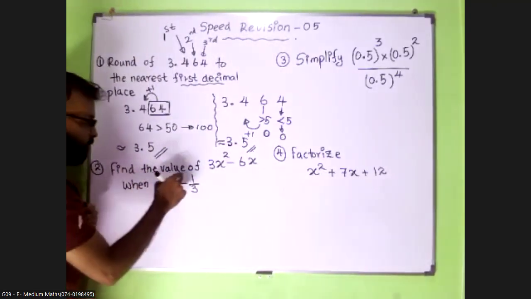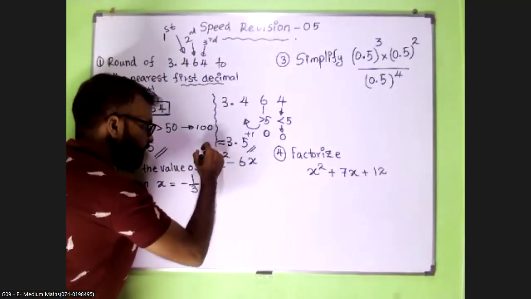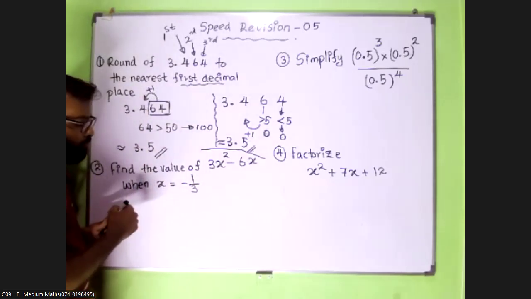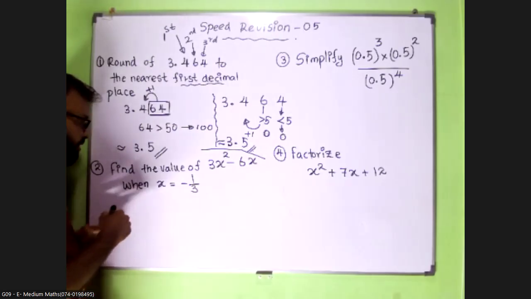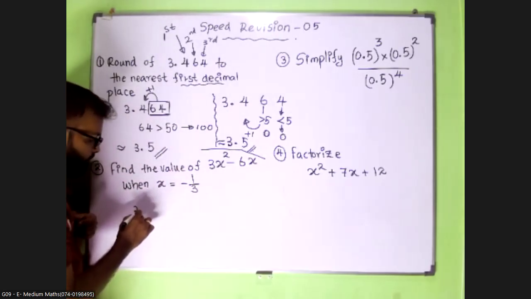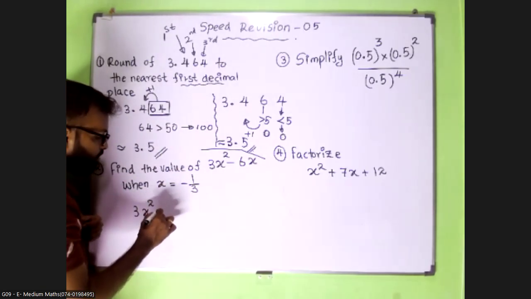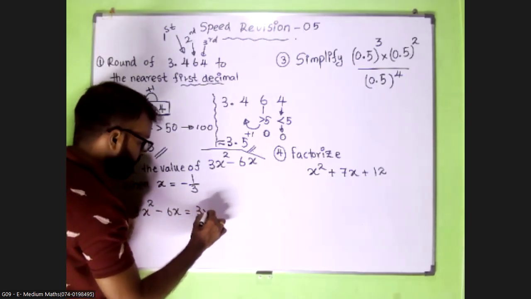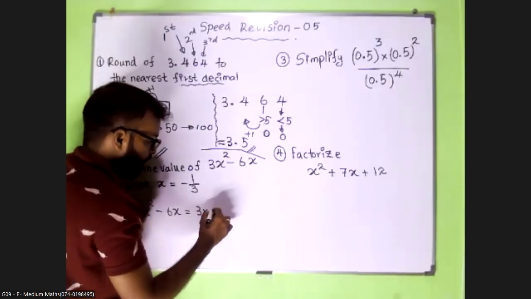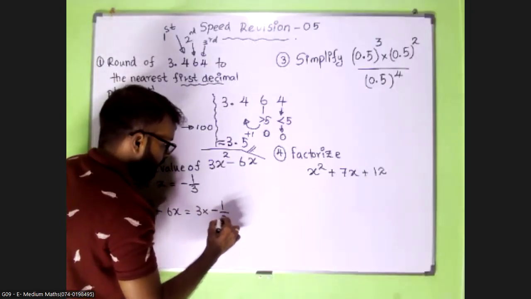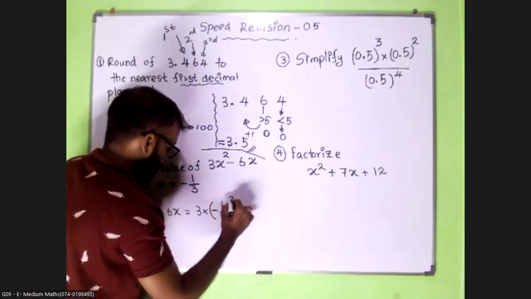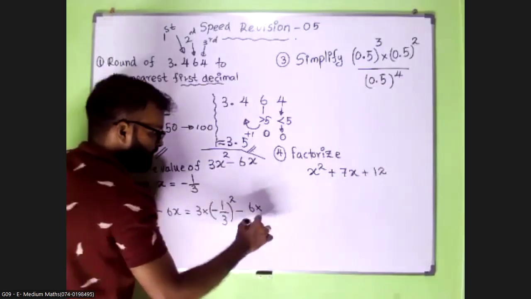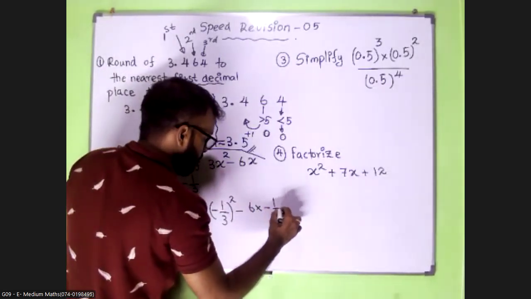So find the value of 3x squared minus 6x when x equals minus 1 upon 3. So I am going to substitute. First of all, I will rewrite 3x squared minus 6x equals 3 times x squared, minus 1 upon 3 to the power 2, minus 6 times x, where instead of x I am going to substitute minus 1 upon 3.